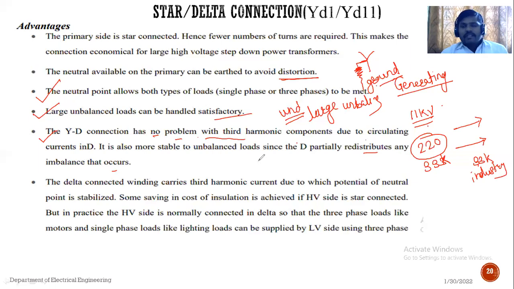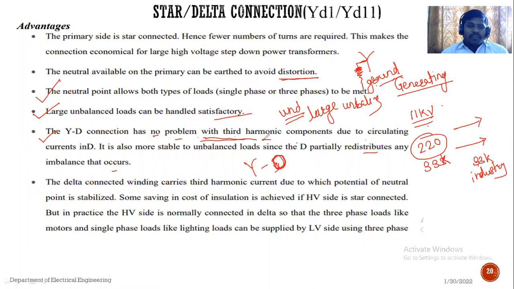See, in a star delta connection, the primary is connected in star and the secondary is connected in delta. So it has no third harmonic because the secondary side is connected in delta, or we can call it the D.